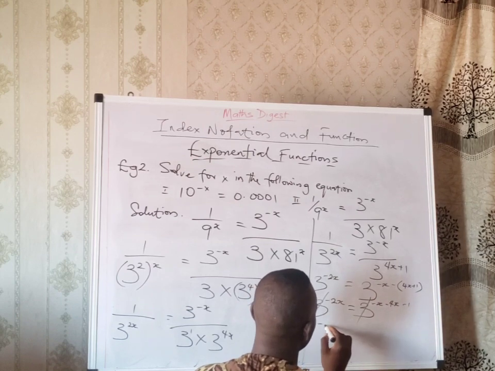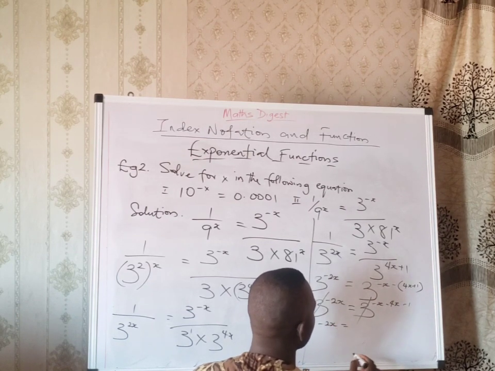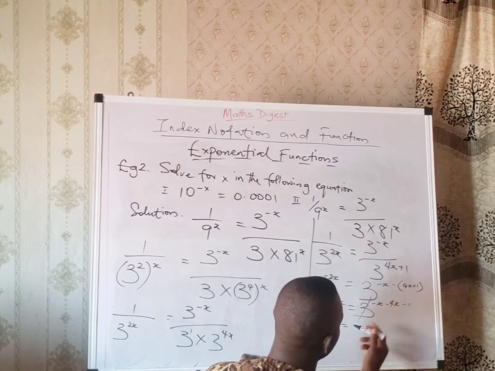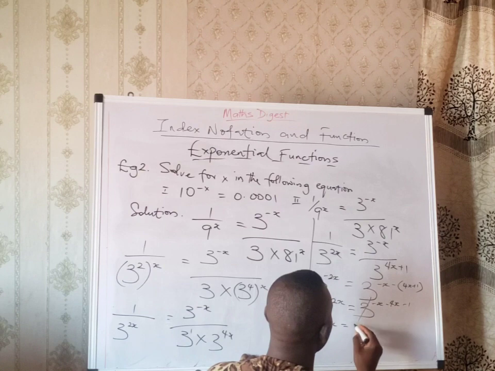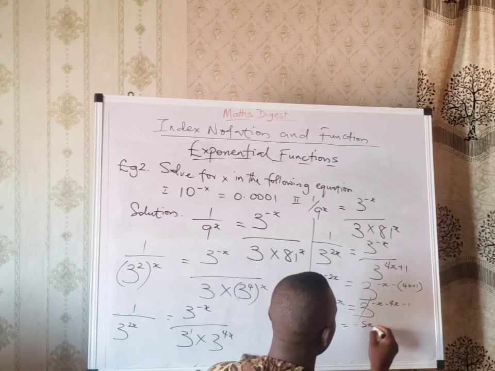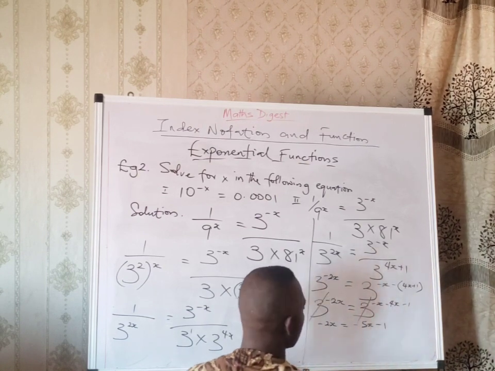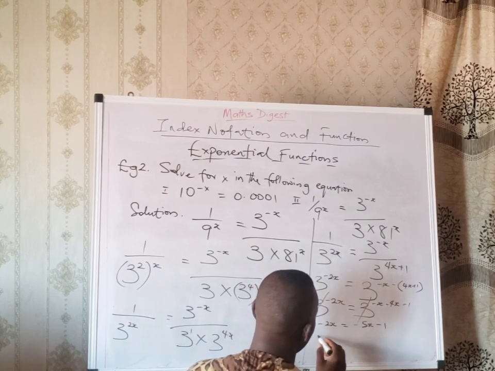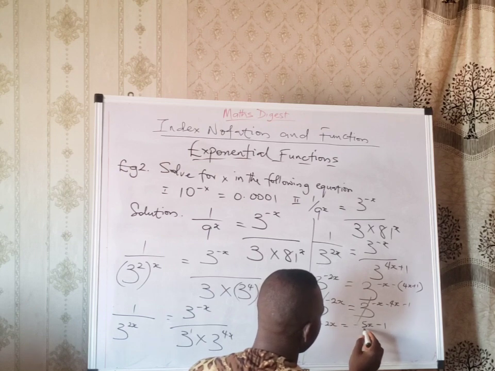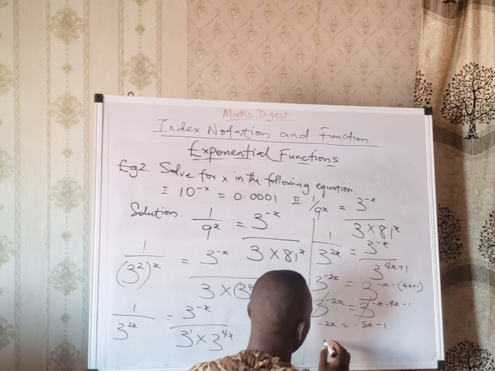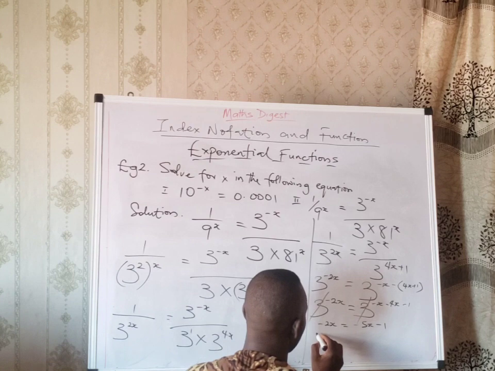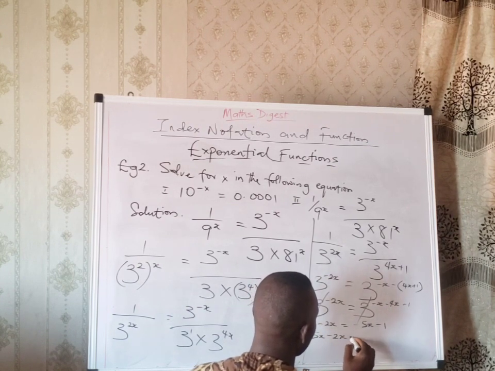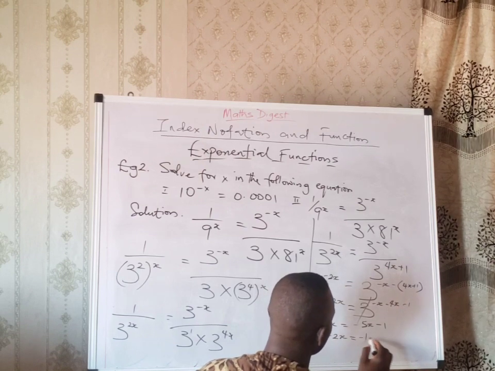From here we have minus 2x equal to minus 5x minus 1. Collecting like terms now, bring this over, we have minus 5x here. When it crosses the equality sign, it becomes plus 5x. So we have 5x minus 2x equal to minus 1.